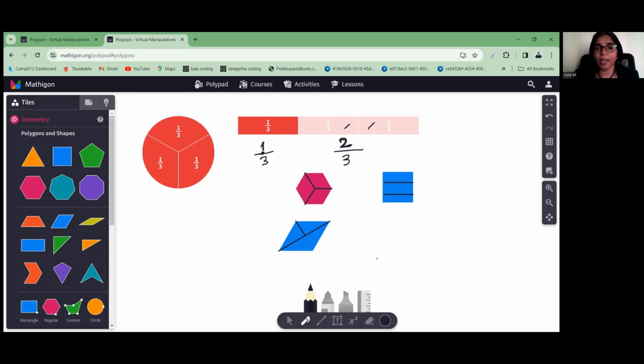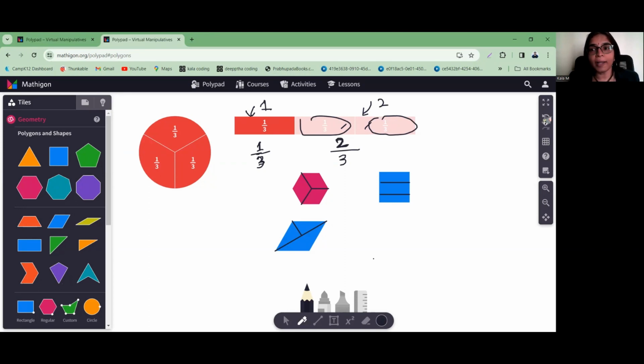And let me tell you again, the top number alone is never a number. Without this bottom three, if I just write 1, can I call this 1? Can I call this white color 2? No, it will be wrong because 1 means 1 full. 2 means 2 fulls. But here, 2 is this and this. This is not 2 fulls. So I don't want you to talk about this as 2.